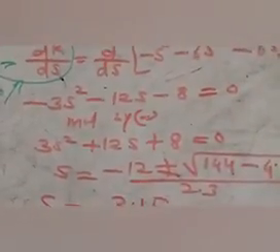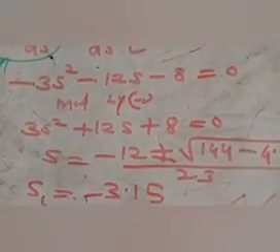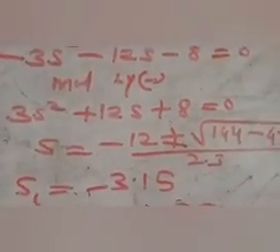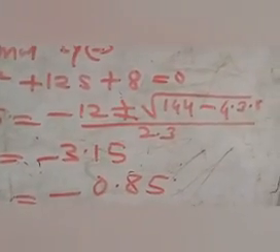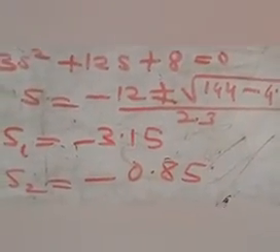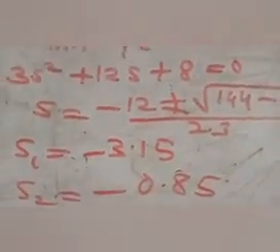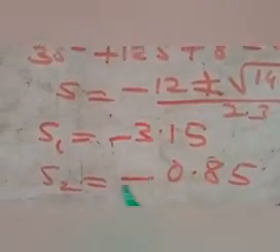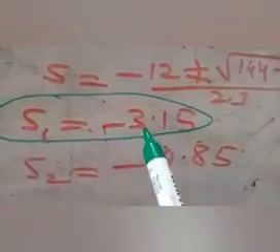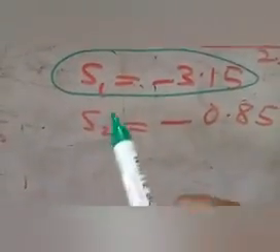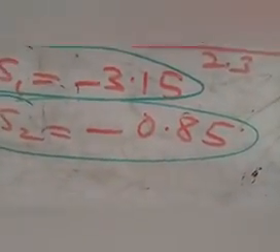So finally 3s square plus 12s plus 8 is equal to 0. It is a quadratic equation. Apply the formula, minus b plus minus under root of b square minus 4ac divided by 2a. And after solving this quadratic equation for plus and minus, finally one root is s is equal to minus 3.15, another is minus 0.85.